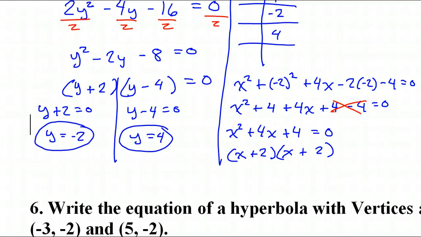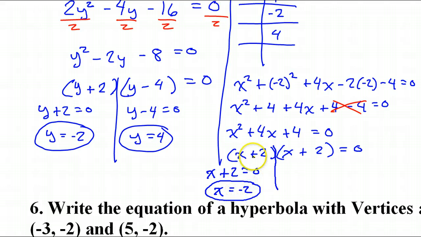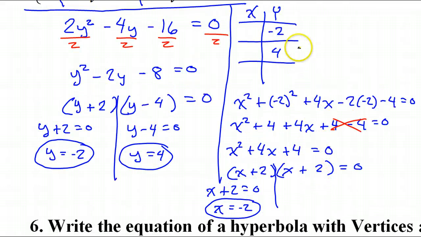So we just factored it. Setting this equal to 0, subtracting 2 from both sides gives me x equals -2. So, bottom line is, when the y value was -2, the x value was also -2.